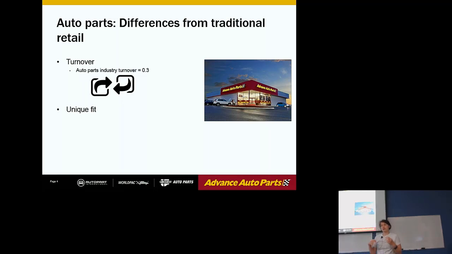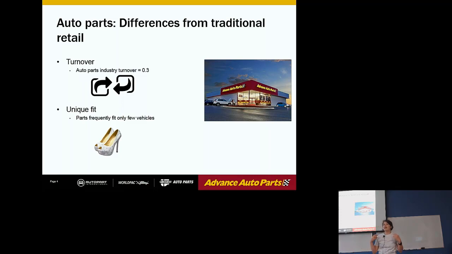However, for an auto parts store, that is actually a very interesting item. We'll keep that. Another interesting aspect of predicting auto parts sales is unique fit.